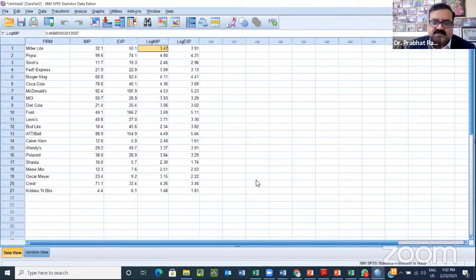In double log, it has to be interpreted completely in terms of percentage. But in semi-log, the expenditure is in the form of log and the dependent variable is in the original form, so the interpretation will be different. In a plain regression equation where you have the original variables on both sides, the interpretation is in terms of absolute change.